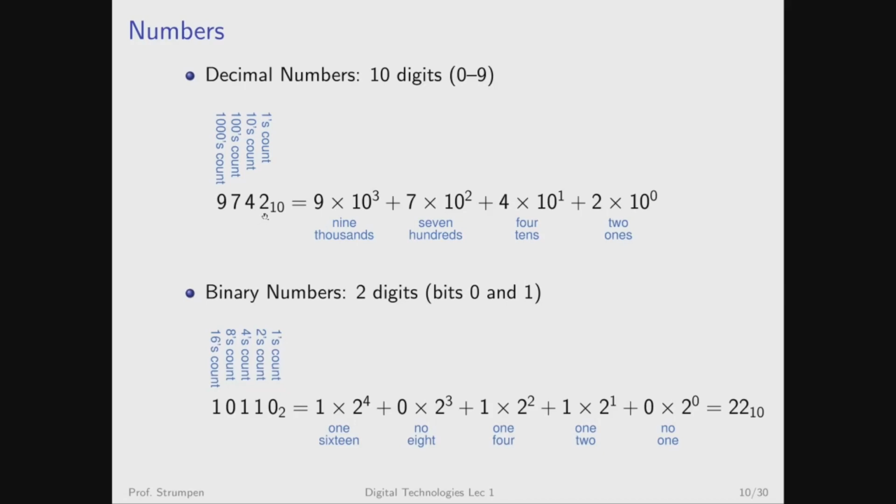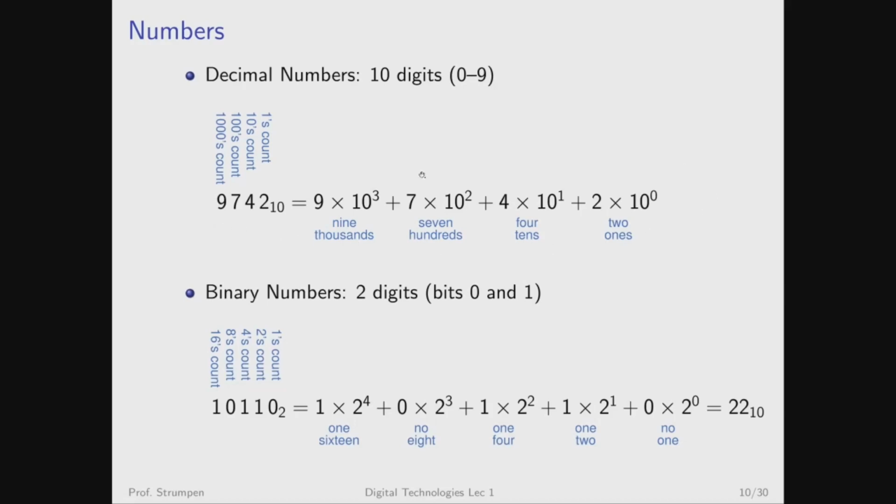What it really is, is a very skillful encoding of a value such that the rightmost digit counts once, the digit to the left of it counts tens, the third digit counts 100s, the fourth one 1,000s, and so on, right?